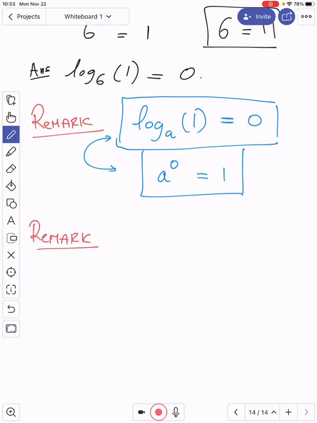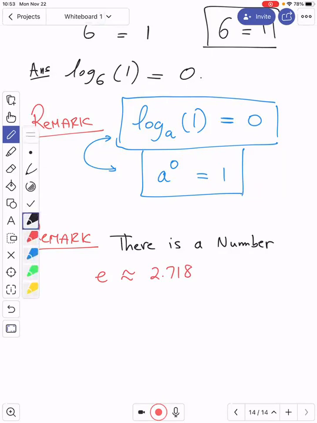Remember we talked about this number e, which is approximately 2.718, etc. And what's so special about this number?